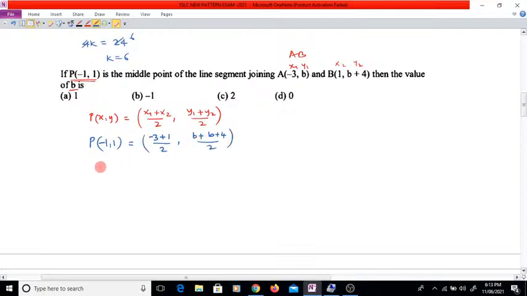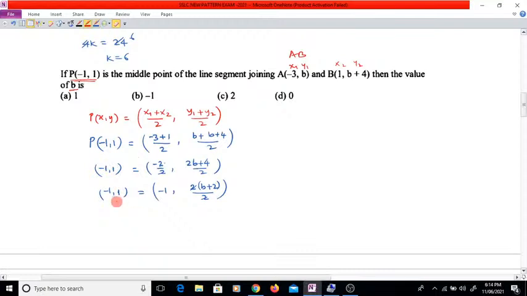So now we can see minus 1 comma 1 equals minus 3 plus 1, that is minus 2, divided by 2 comma 2b plus 4 divided by 2. This cancels, giving minus 1 comma, and 2 is common, so b plus 2 divided by 2. The 2 cancels here, so we get minus 1 comma b plus 2.